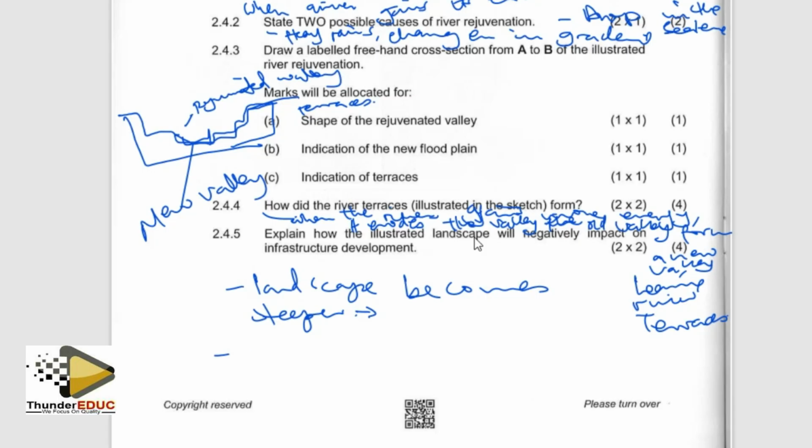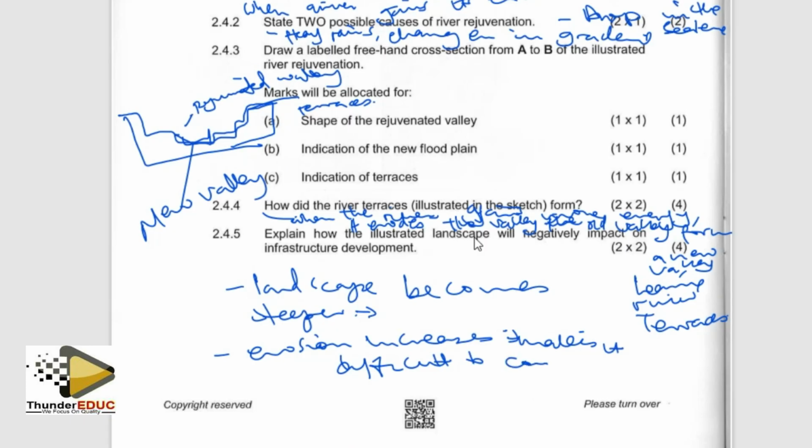Erosion also increases, and this increased erosion makes it difficult for infrastructural development. Okay? So that is 2.4.5.